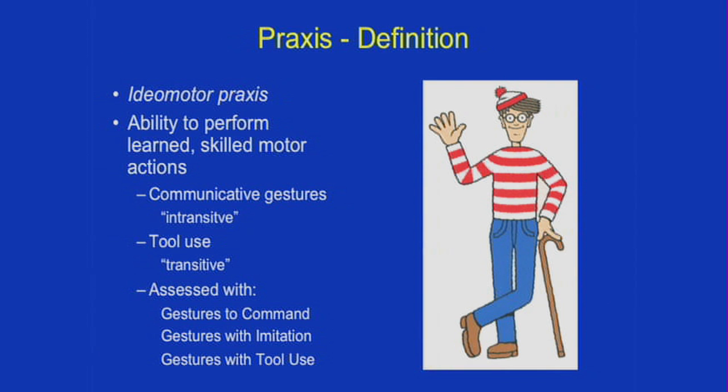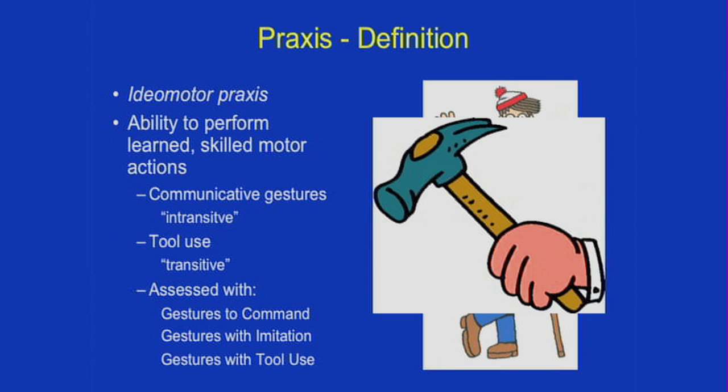So praxis is the ability to perform skilled motor actions, including learned skilled motor actions, such as communicative gestures, which are referred to as intransitive, so that's something like Waldo there, waving goodbye, as well as transitive tool use gestures, here's a lefty using a hammer.